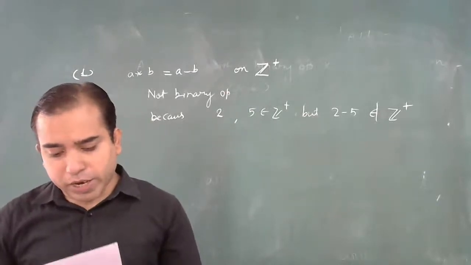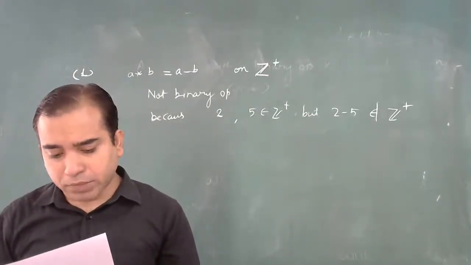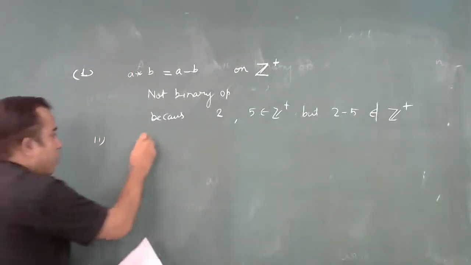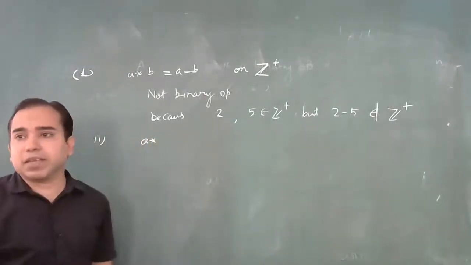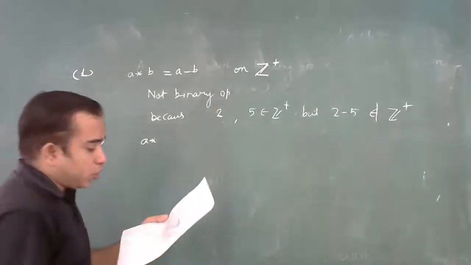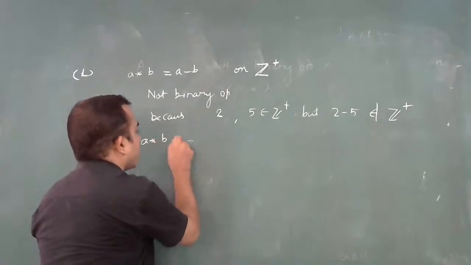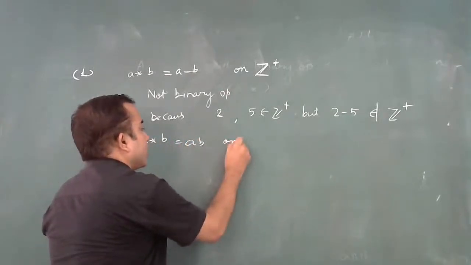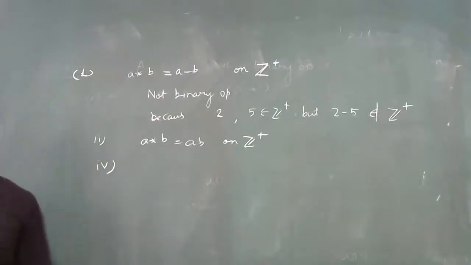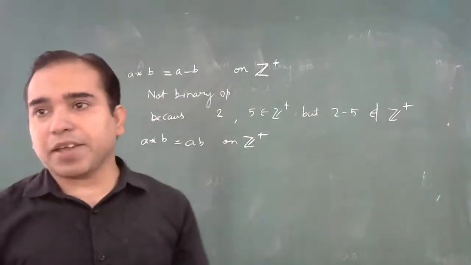Let's take another one, the second part. Can you answer? Write the part number as well. I guess there may be confusion, so I can check your answers. The second part is on Z plus, A star B is equal to AB. Write the part number and then the answer, so that I can check.